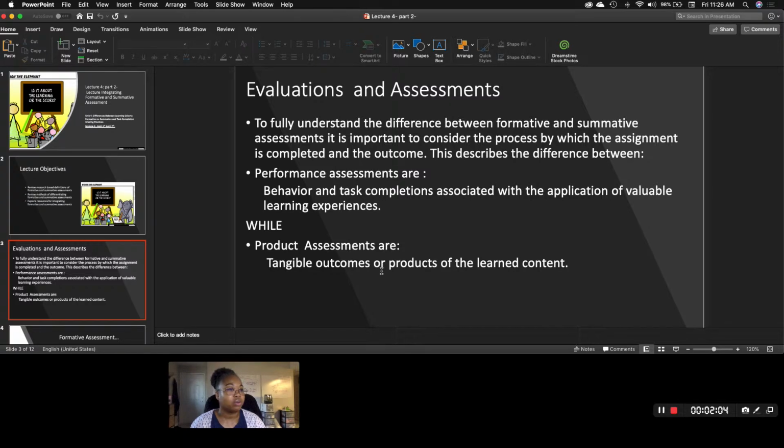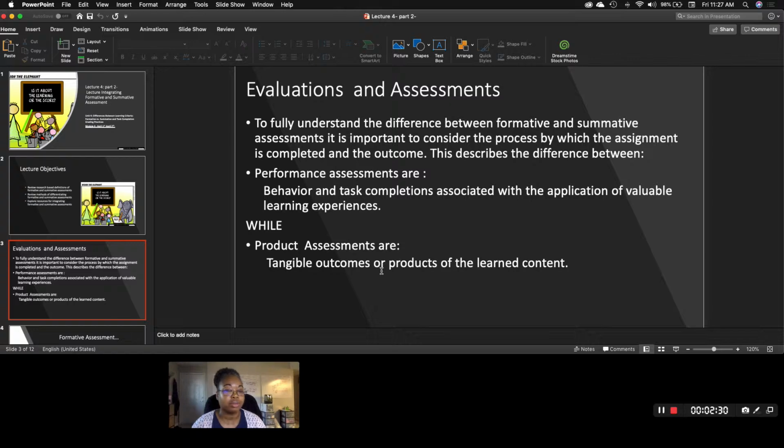So before we begin, when we talk about evaluations and assessments, there's a big difference, and I'm not going to focus in on the definitions per se. I'm going to focus on what these two things do. So formative and summative assessments, when you think about them, it is important to consider the process by which the assignment is completed and the outcome.